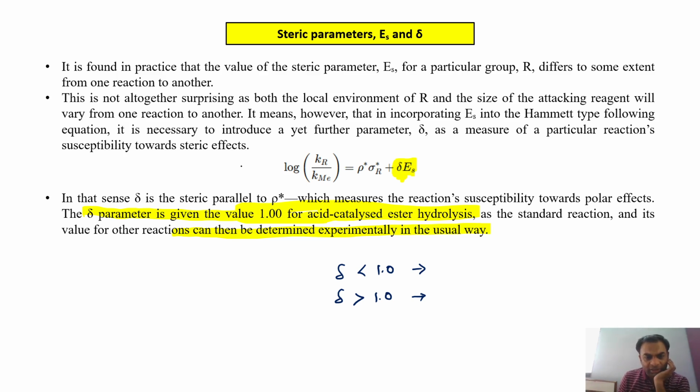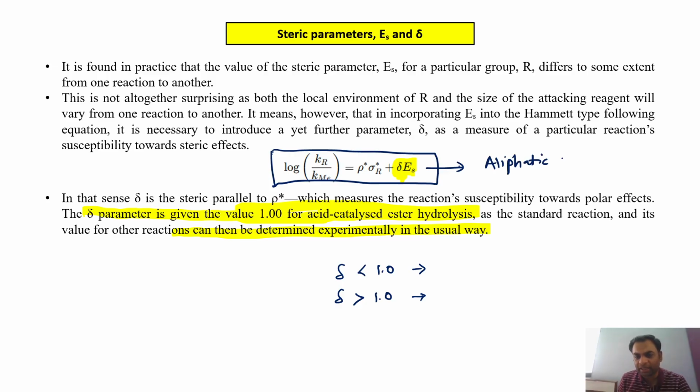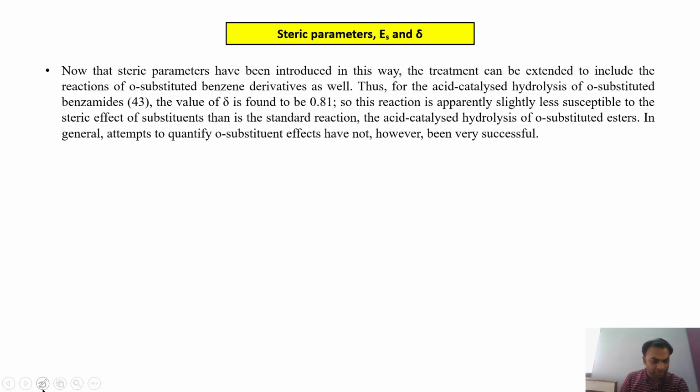So in this way, this is the modified Hammett type Taft equation, which can be used for various reactions of aliphatic esters. Here is one example of delta. The steric parameter has been introduced in this way. The treatment can be extended to include the reactions of ortho-substituted benzene derivatives as well, and thus the acid catalyzed hydrolysis of ortho-substituted benzamide.